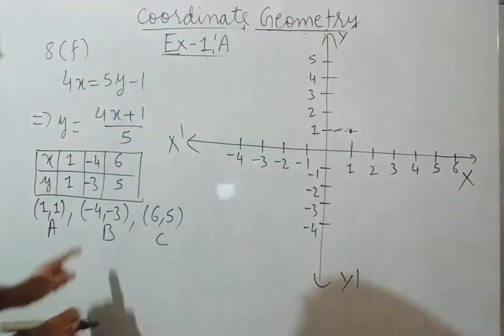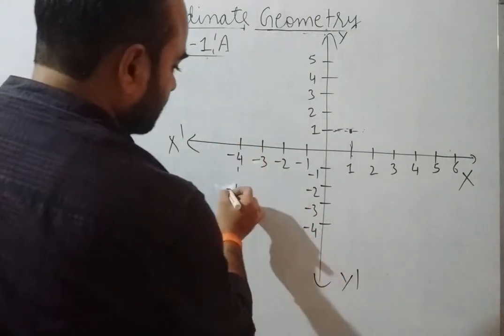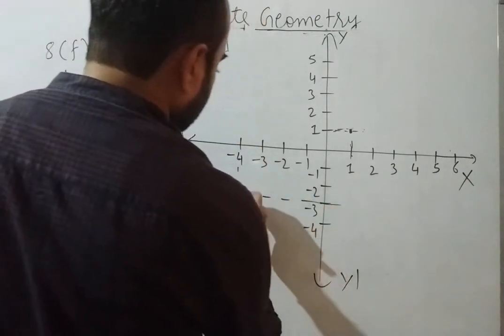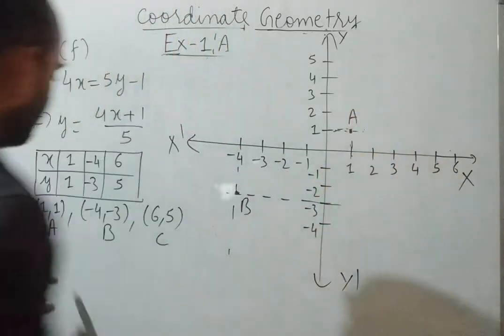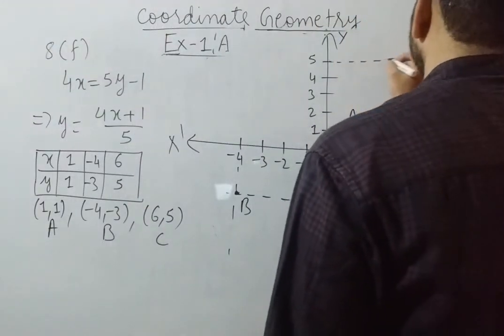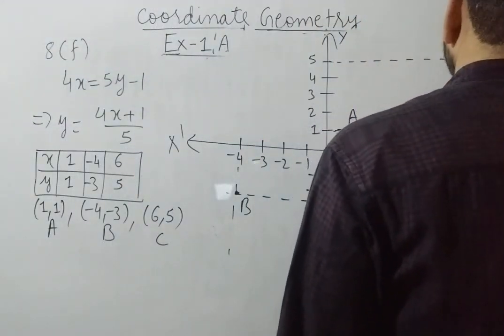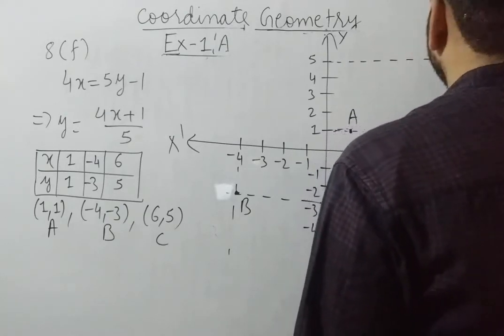Next is (minus 4, minus 3). So this is point B. Next is (6, 5). (6, 5) means this is Y, this is X. So this is (6, 5). That is, we have taken as C point.